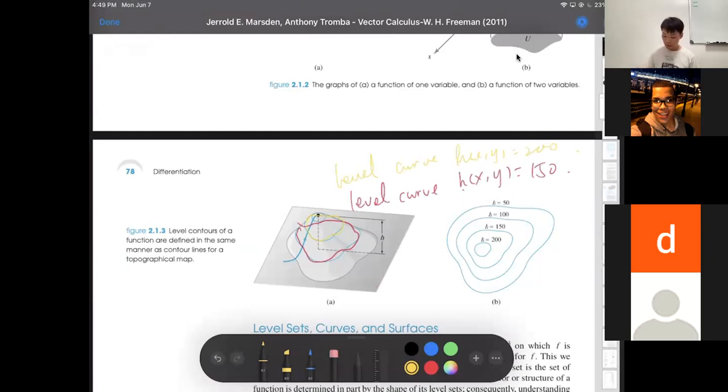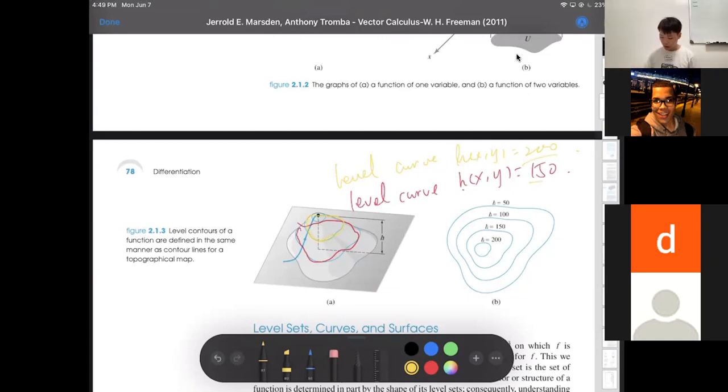Right? And then when you collect all these level curves and put them into a corresponding z-value, I put this level curve as z equals 200. And then do the same thing for the 150 level curves, 100 level curves, and so on and so forth. And then when you put these level curves together and fill up all the gaps, the curves become a closed surface.